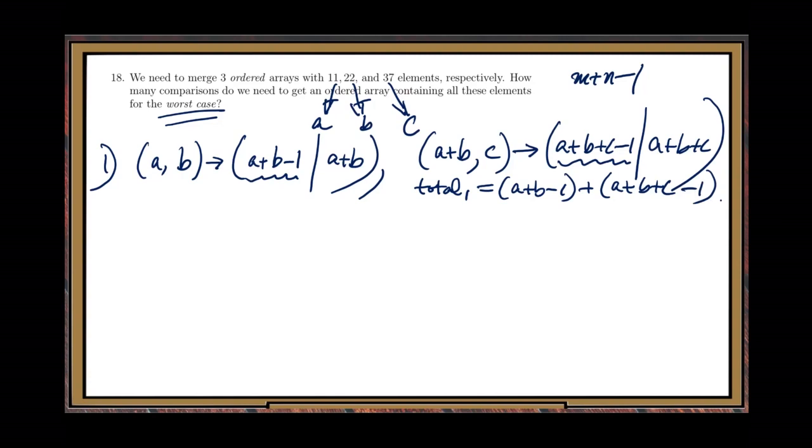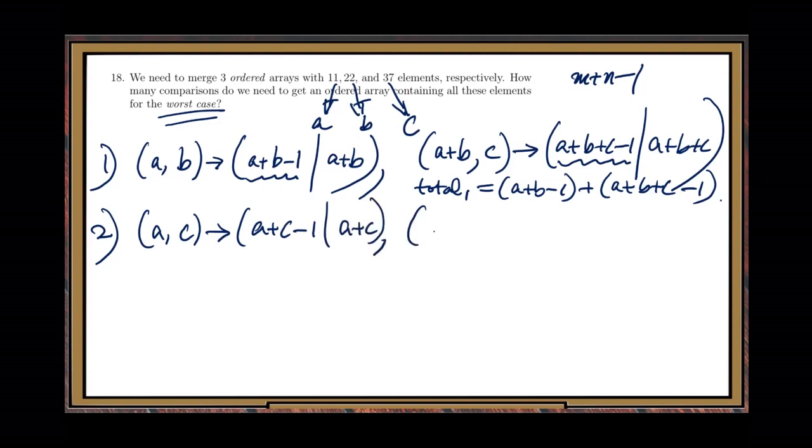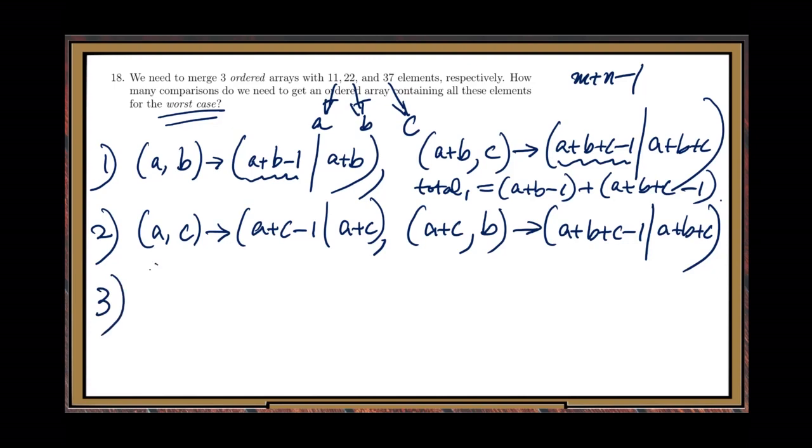Then case 2, A, C: A plus C minus 1, A plus C. Then A plus C merged with B, the result is A plus B plus C minus 1, A plus B plus C. Case 3, B and C merge first.